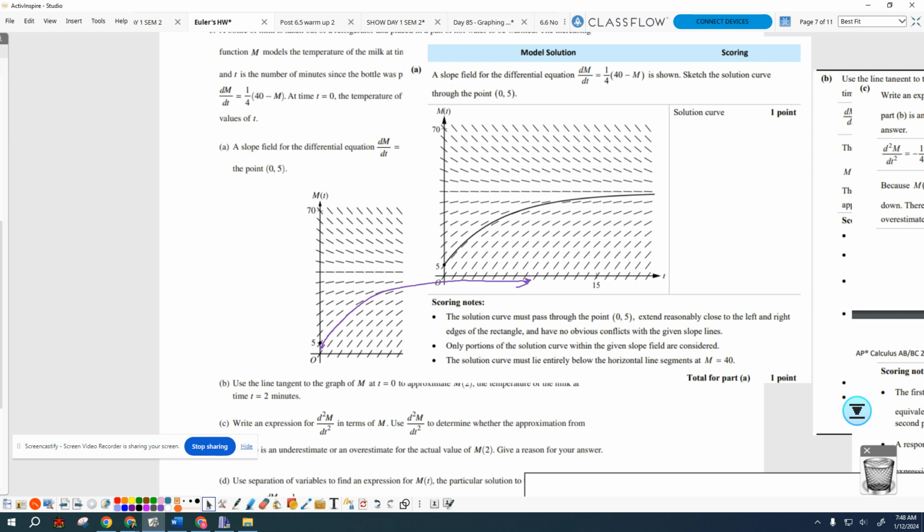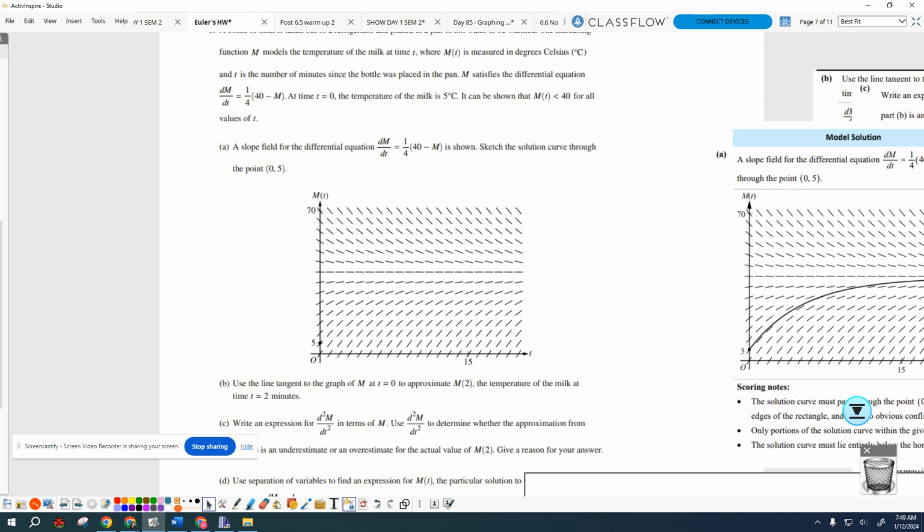That's part of why this was a pain to grade, because, well, is it that much of a violation? All that for just one point. But those are the restrictions for this particular one. Make it cover the whole space they gave you and hit the conditions that are part of the graph. So make it go through that coordinate and make it stay below the horizontal asymptote.